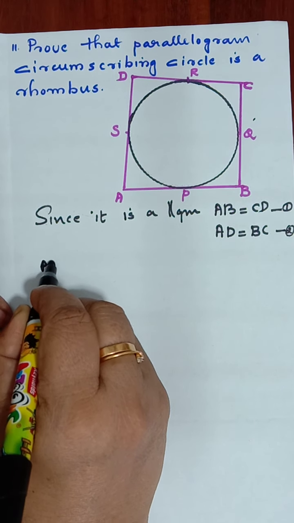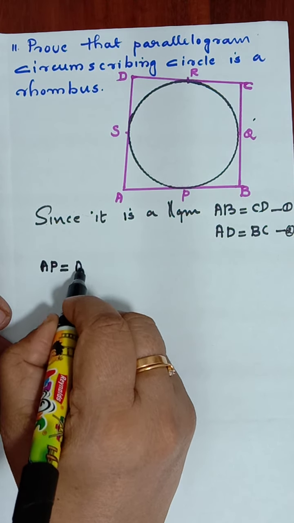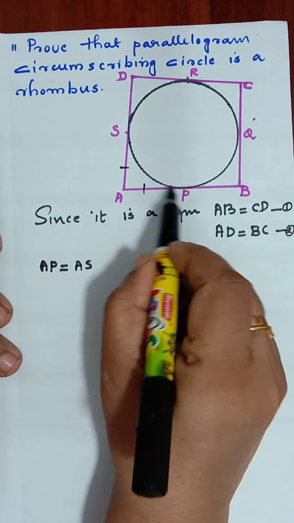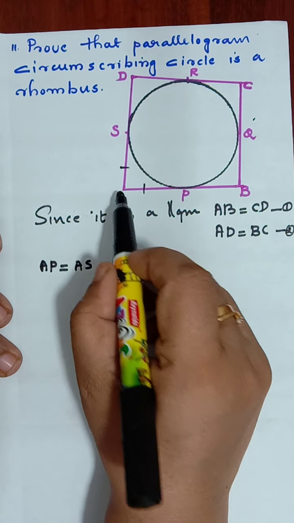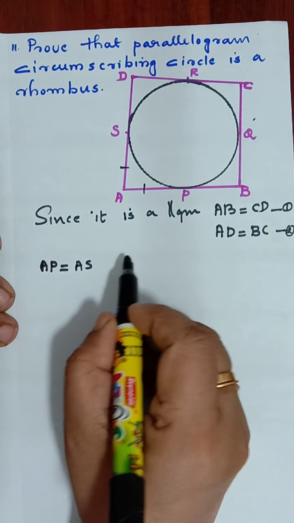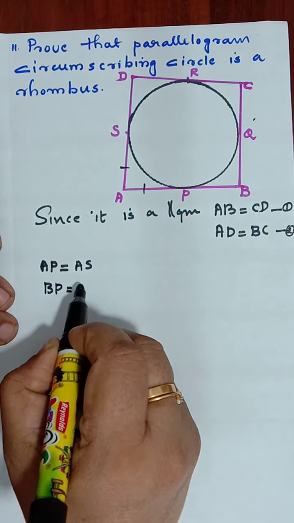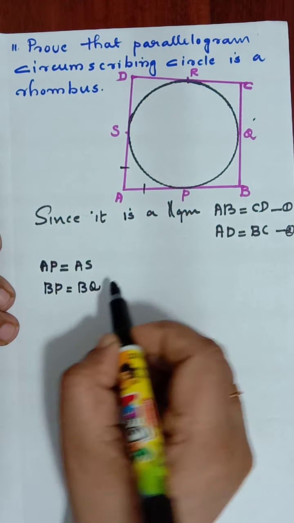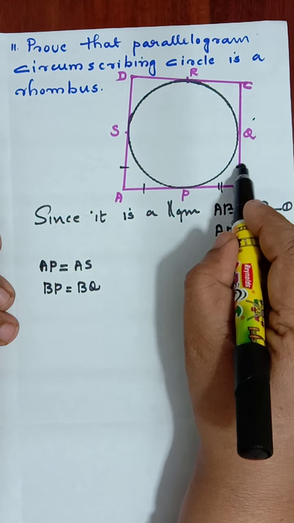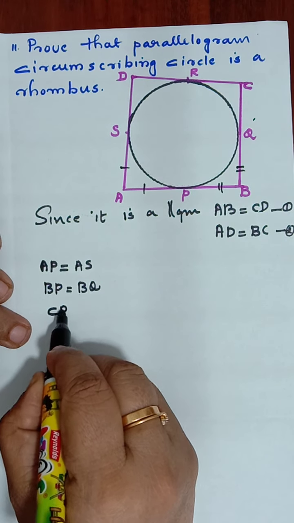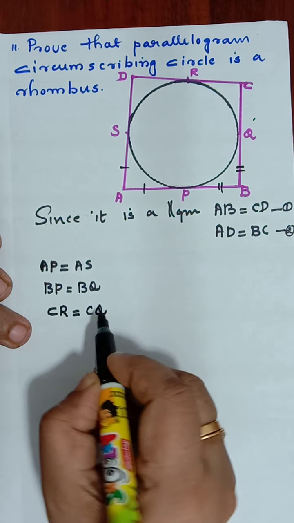AP is equal to AS. In the figure you will understand the lengths of tangents are equal from an external point. AP equal to AS. Similarly BP equal to BQ. Now comes CR equal to CQ.